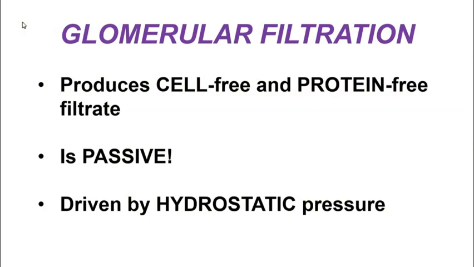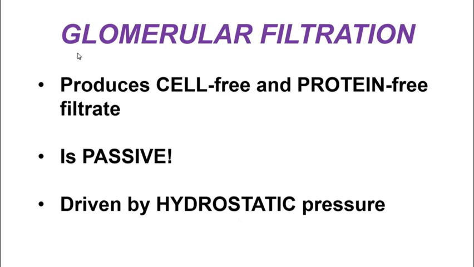So let's take a look at glomerular filtration. We talked about the fact that glomerular filtration produces a cell-free and a protein-free filtrate in a healthy kidney. This is a passive process, which means that it requires no ATP because it is driven by hydrostatic pressure at the glomerular capillaries.